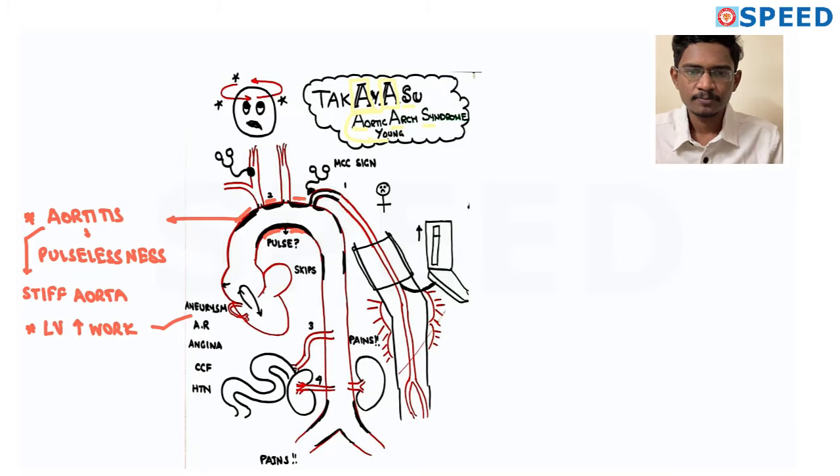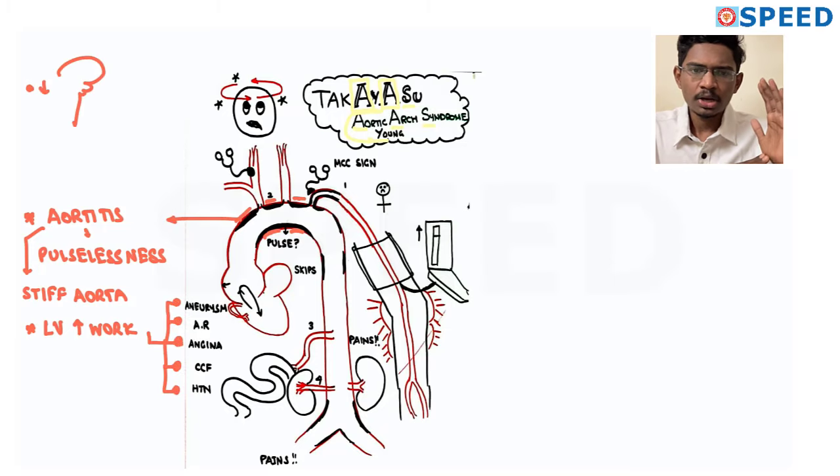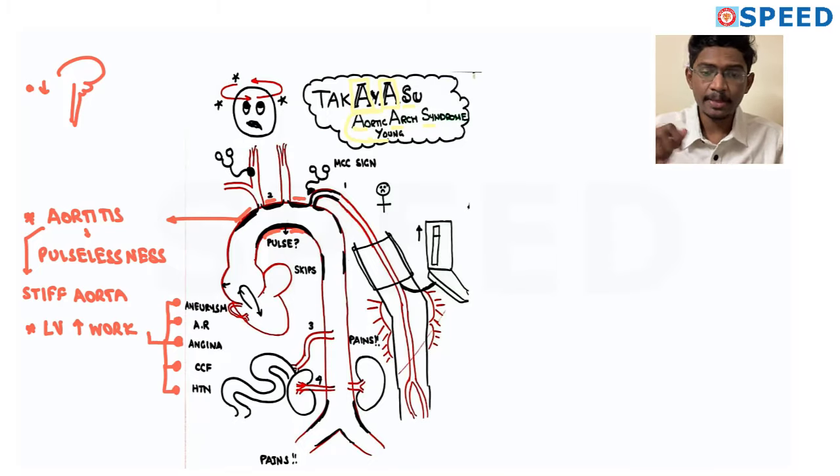This is absent here, so the patients will have pulselessness, a characteristic feature of this disease. Then the most common vessel involved here will be the left subclavian artery, because it is at the turning point. Others are in the flow of the aorta, but it is at the turning point. So left subclavian will be most commonly involved.